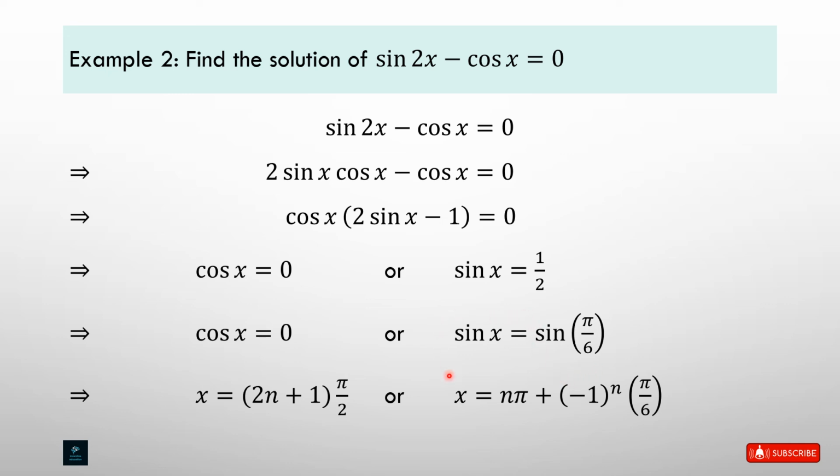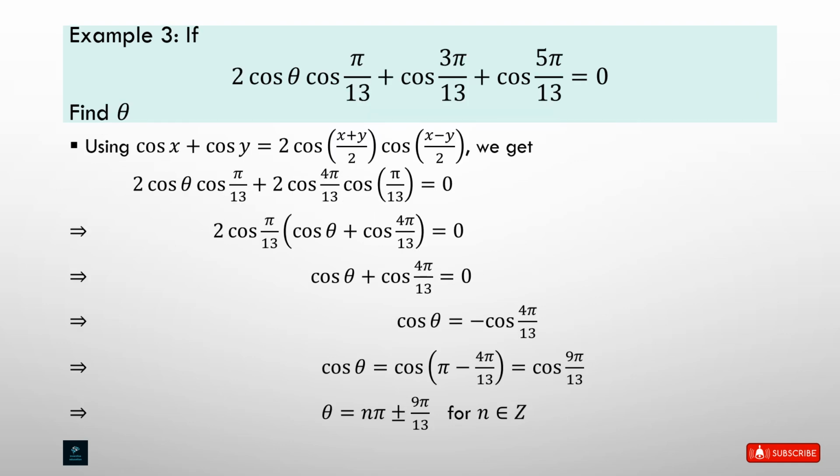And from theorem 1, we get x is equal to n pi plus minus 1 to the power n times pi by 6. Therefore, x has to be either an odd multiple of pi by 2, or it has to be n pi plus minus 1 to the power n times pi by 6 for this equation to be equal to 0.